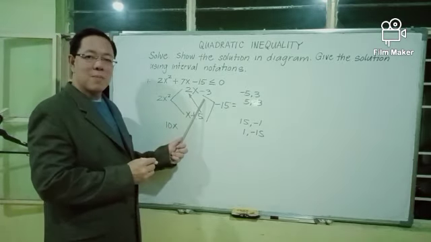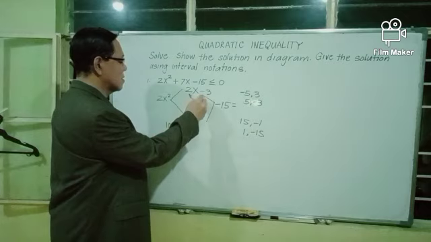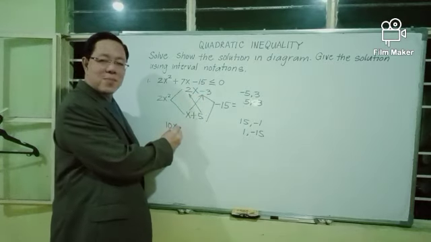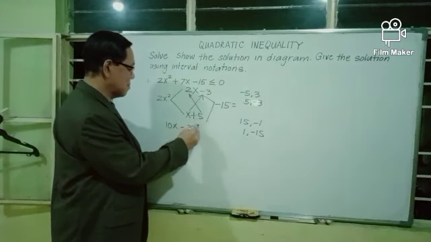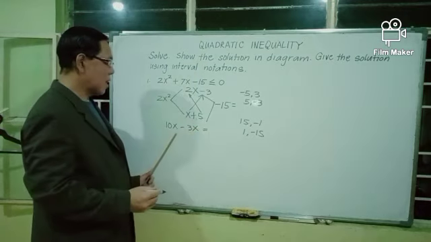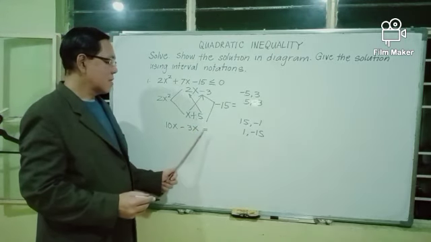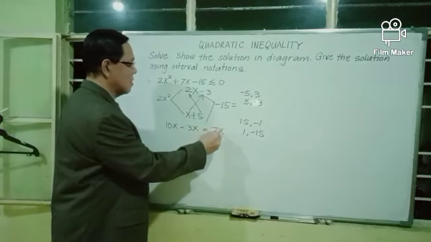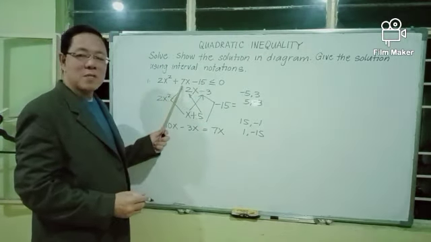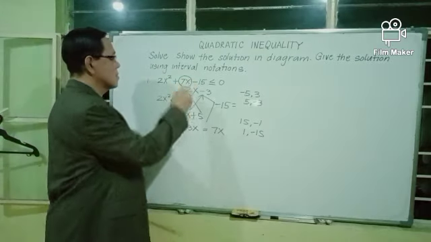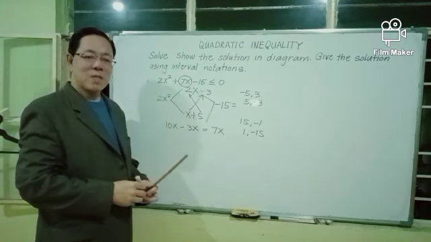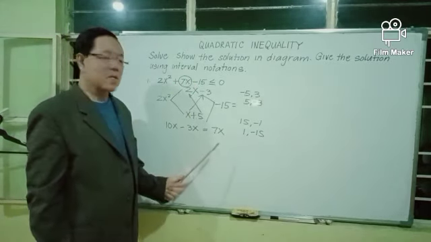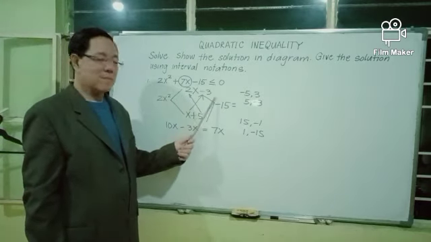And x multiplied by negative 3 is negative 3x. And 10x minus 3x is equal to 7x. And the middle term is 7x. If you get the middle term in checking, that means your factors are correct.